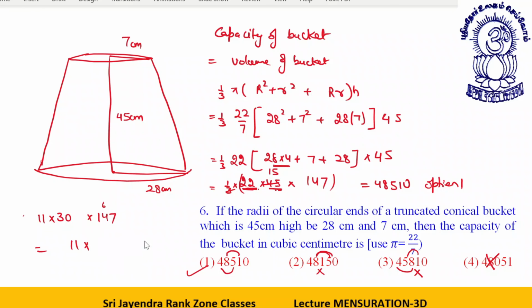When it becomes 30, so 147 into 3 will be 441. Okay, so for clear, there will be a 0. And now when you multiply by 11, 0, then 1 and 4, 5, 4 and 4, 8, single 4, 4, 8, 5, 1, 0. It was all correct, but I just somehow missed this calculation part. Okay, but the question was easy, and I hope this concept is clear to all of you.